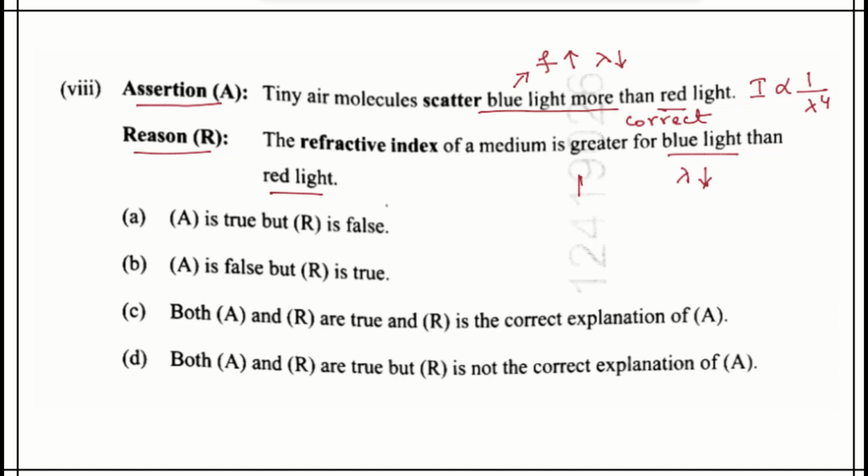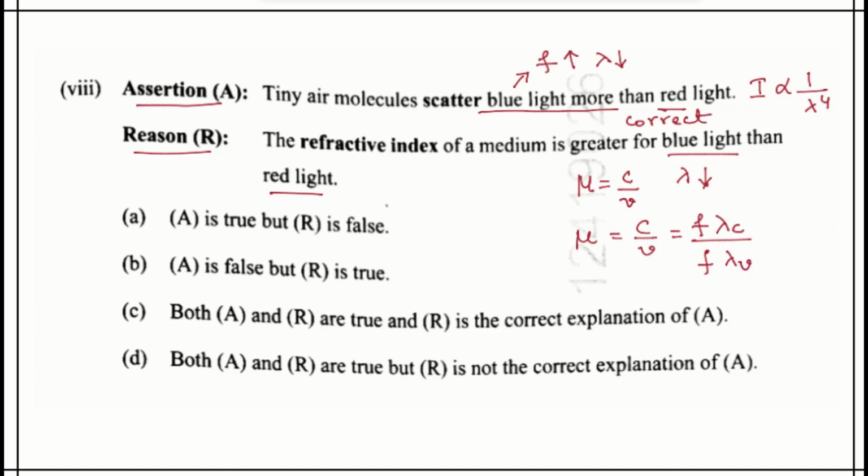So refractive index is equal to, we know, speed of light by velocity of light within that medium, which is also related as mu equal to c by v, equal to frequency times lambda for light and frequency times wavelength for a particular medium.